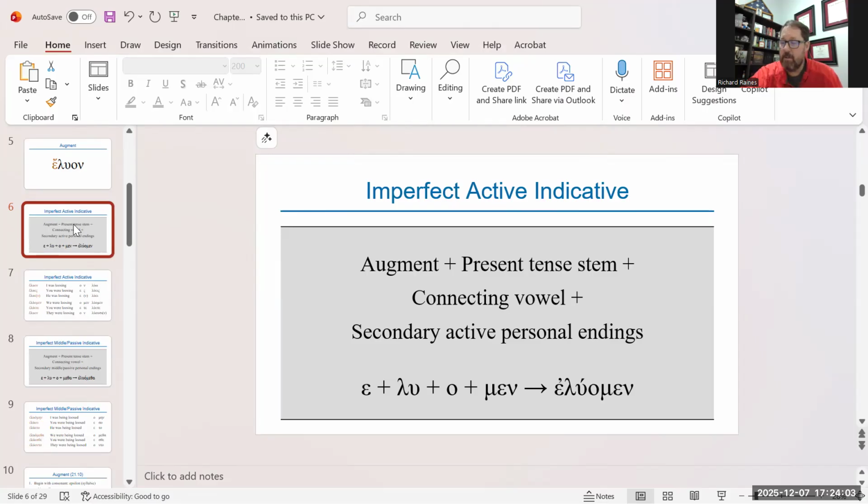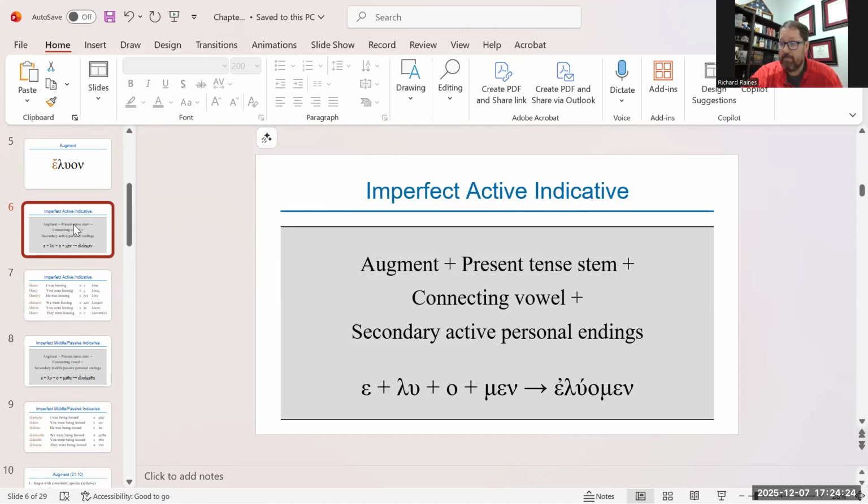But there's so much to memorize. I'm trying to really pick and choose the things that I want you to memorize, and if there comes a time when you need to really focus on this master personal ending chart, we will, but I don't think you will.